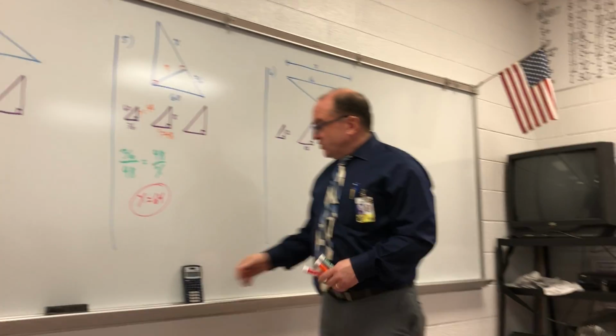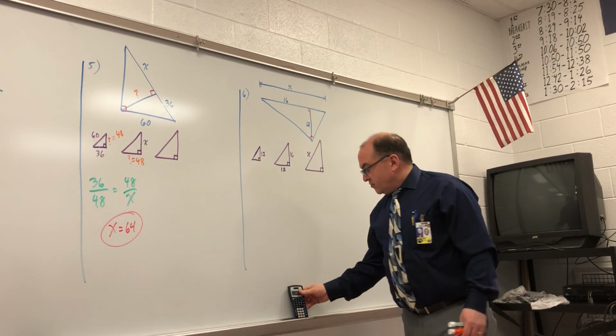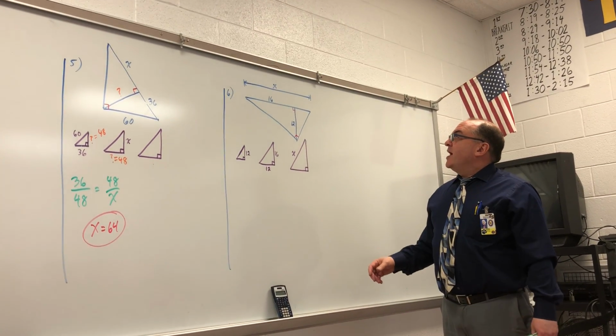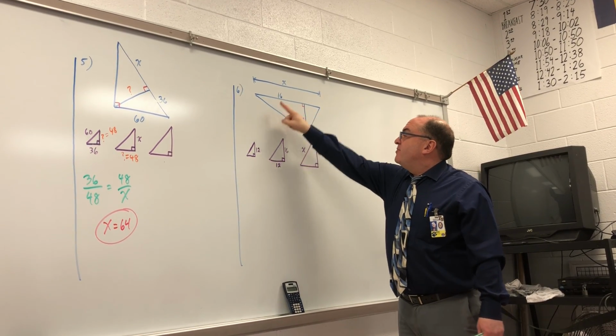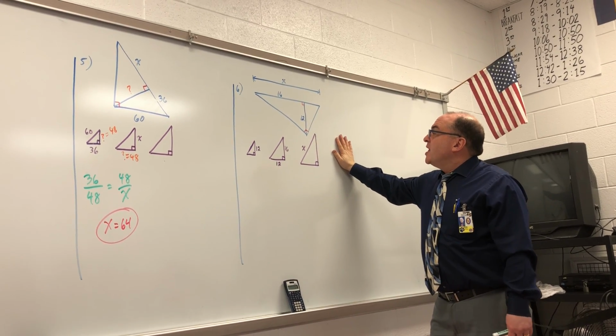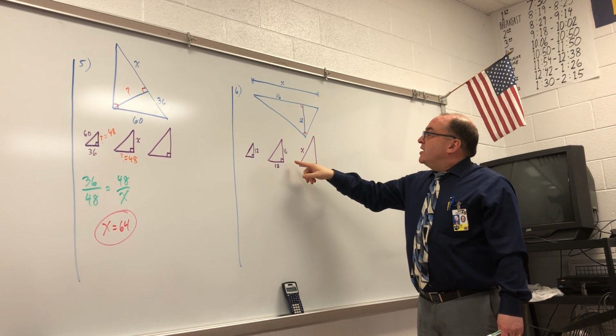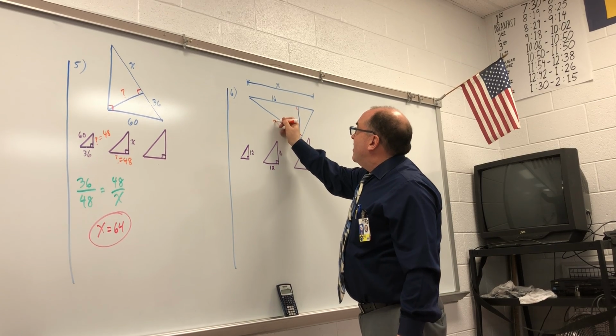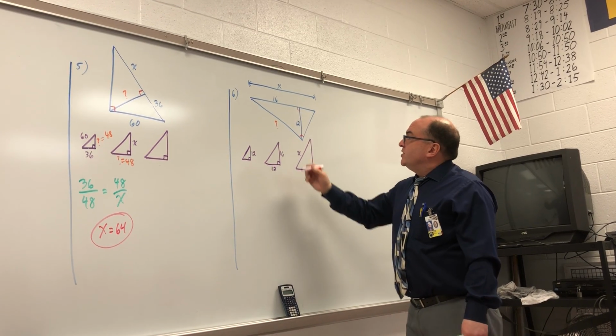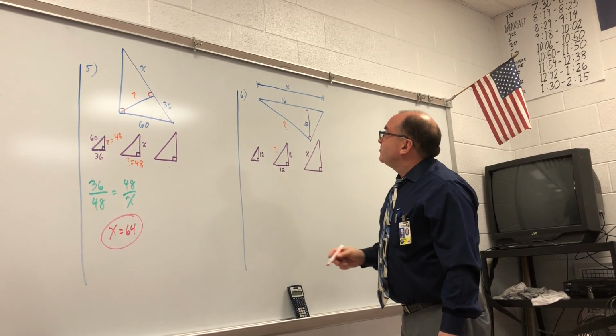Let's do one more example. Once again, here's the smaller triangle, the mid-sized triangle, and the big triangle. To do this one, I'm going to need to find this guy right here to help me out, which is this guy here.